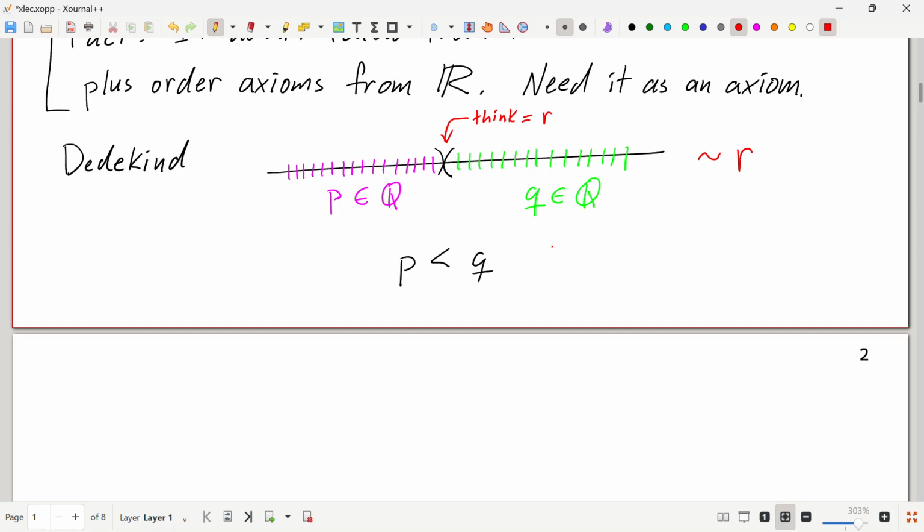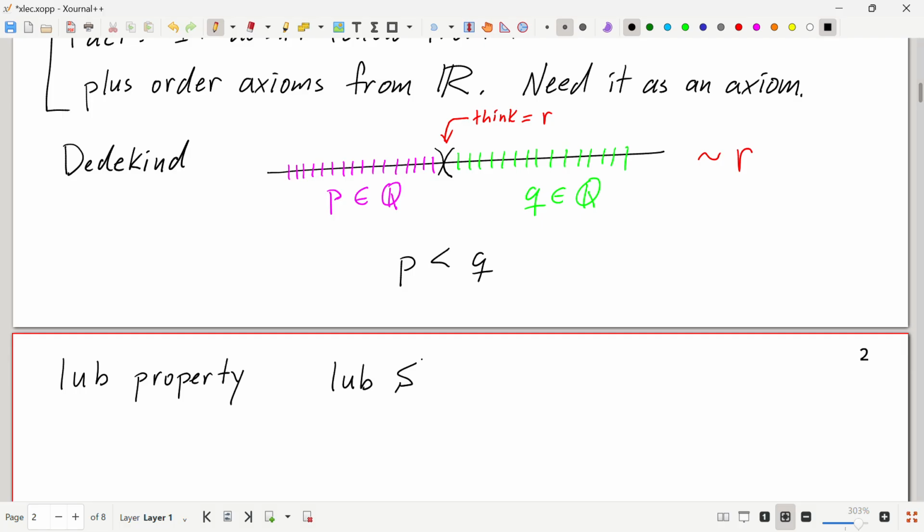So how did Dedekind show the least upper bound property? The least upper bound property of S. Take the union of the left-hand sides of those Schnitte.